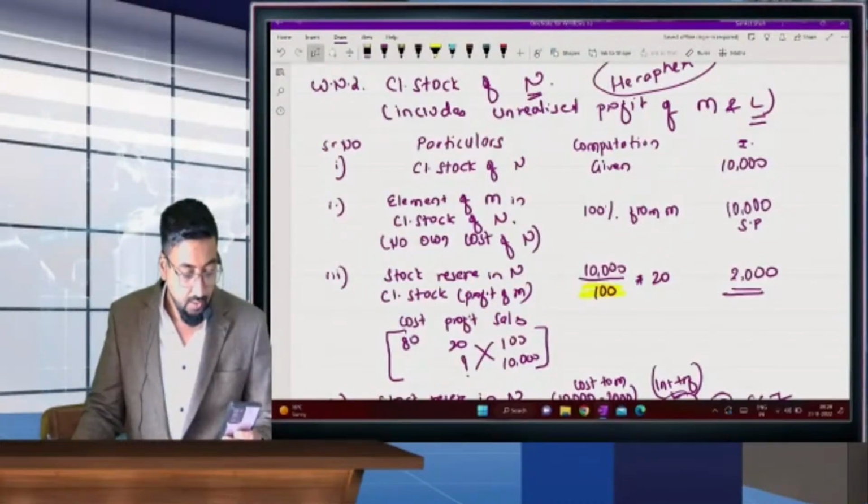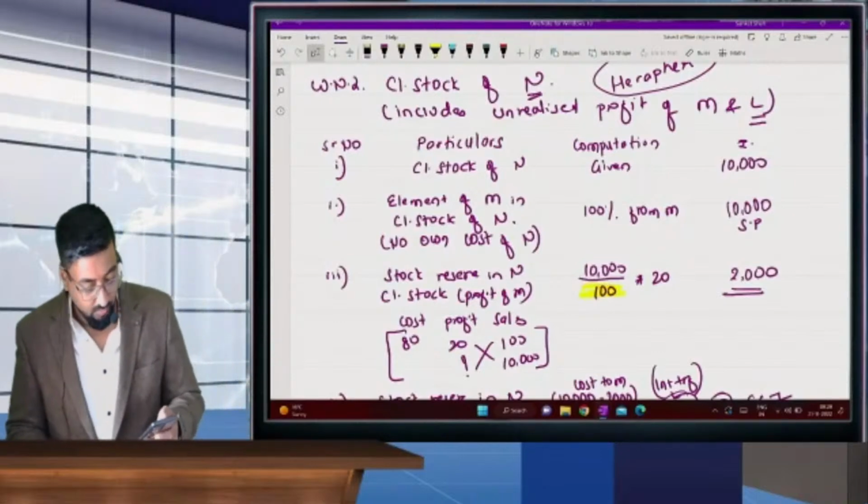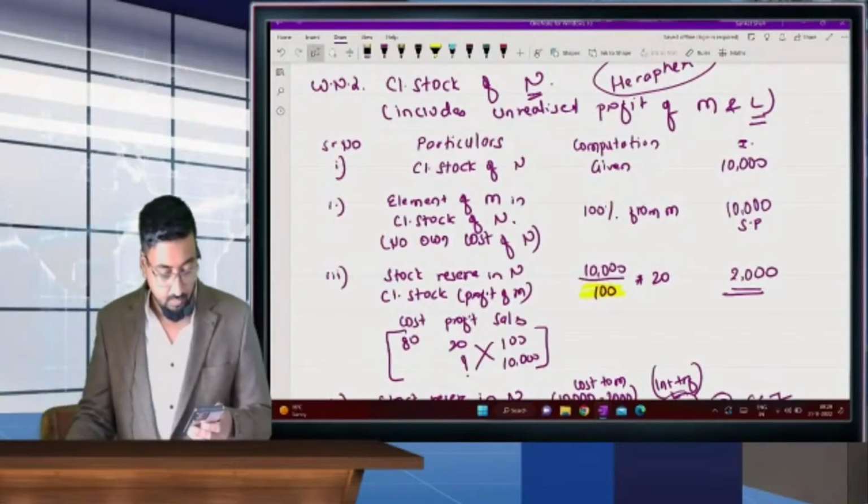Any difficulty? चलो जल्दी से बोलो. I covered each and every question, beta.